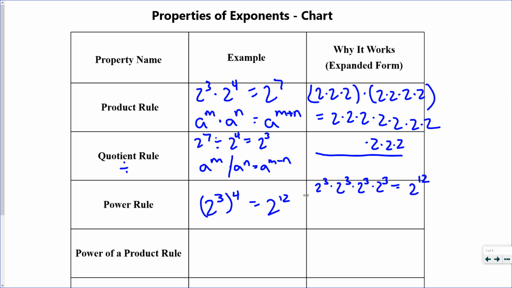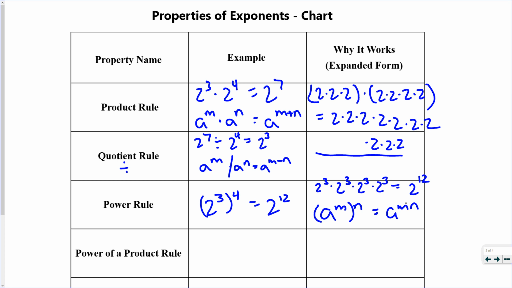And sure enough, that's the actual rule. So the rule for this, and I'll write it over here, is a to the m to the n power is equal to a to the mn power. Now, this is important.